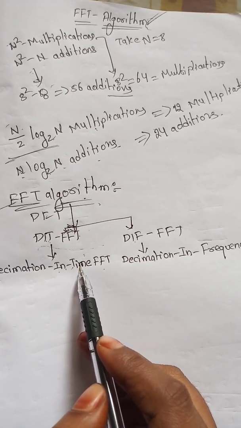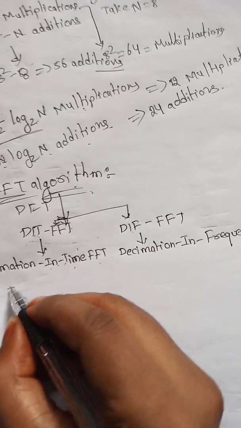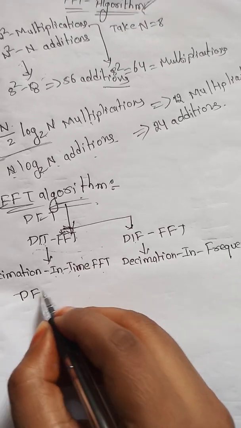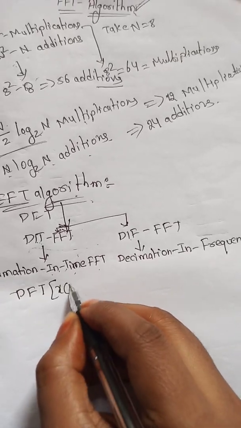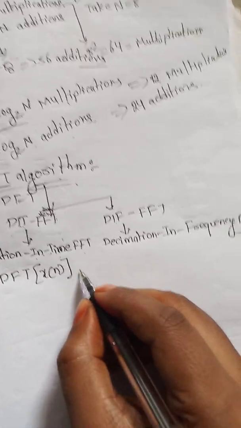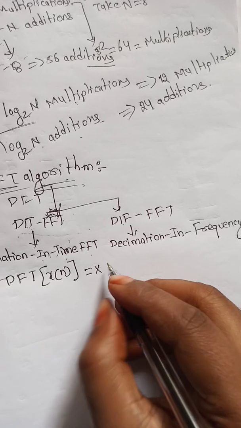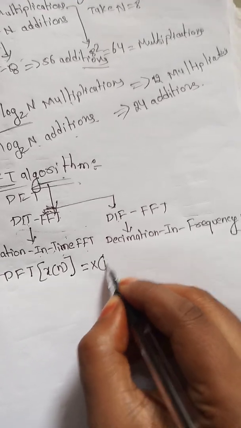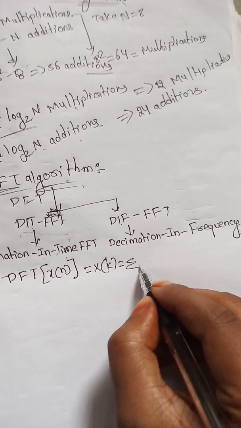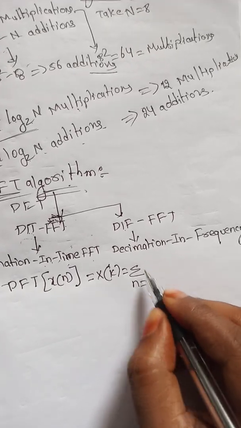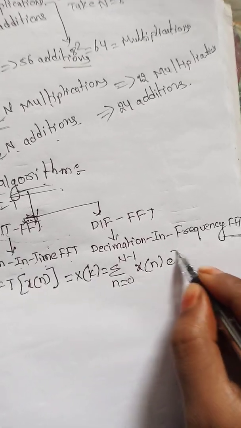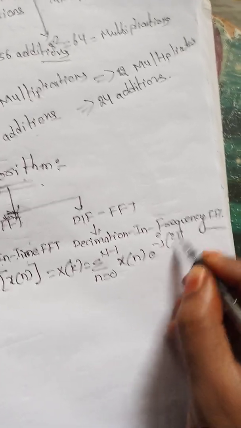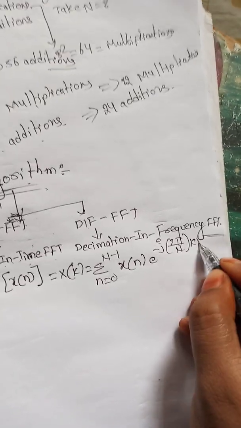discrete time sequence. Before going to that, we know that the DFT of any sequence x of n is given by X of k equal to sigma n equal to 0 to capital N minus 1 x of n e power minus j 2 pi by N into kn.